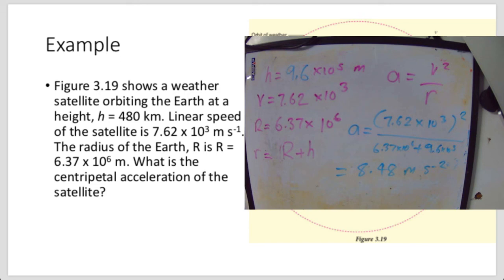So I'm also going to calculate 7.62 times 10 to the power of 3, squared, divided by 6.37 times 10 to the power of 6 plus the new height.